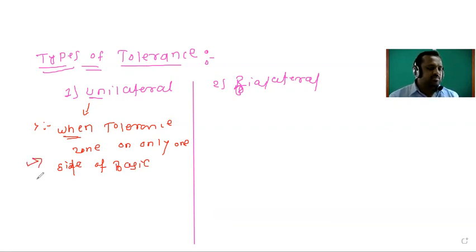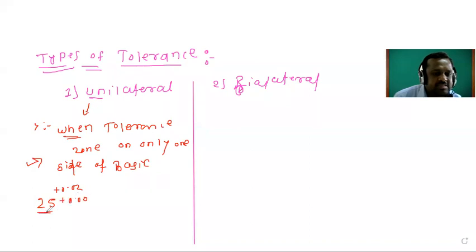Okay, in simple language also I will tell you, the unilateral tolerance is nothing but when we are showing the dimension of the part on only one side of the basic size. Means what? Only one side of the basic size. Suppose 25 plus 0.02, again plus 0.0.